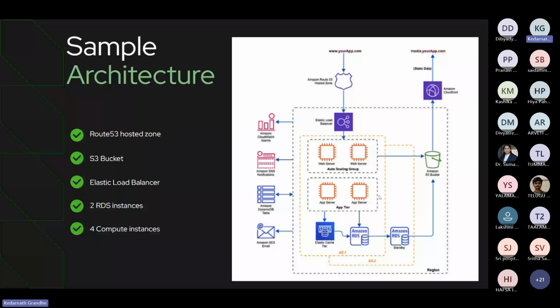There is a load balancer in front of these, distributing the load, and you have a Route 53 hosted zone that will do the DNS work for us. All the static content is stored in an S3 bucket, and there is CloudFront that will serve the static data and decrease the latency.